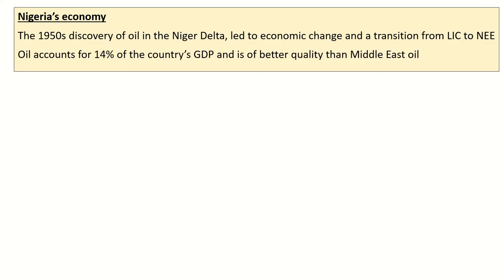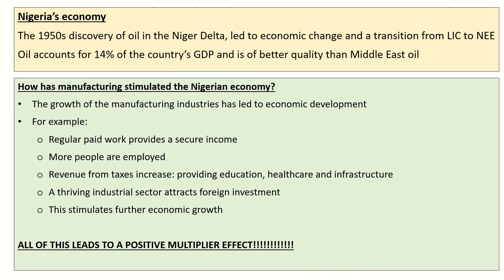Since the 1950s and the discovery of oil, that has started to change dramatically. And we now have a really big focus on manufacturing in the area. The growth of manufacturing, mainly related to oil, in particular petroleum refinery, or the conversion of raw materials into manufactured goods, has led to economic development.